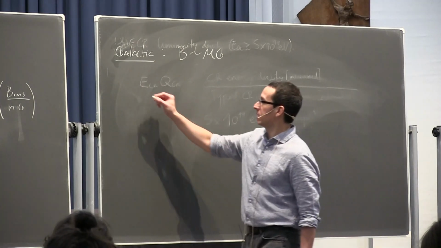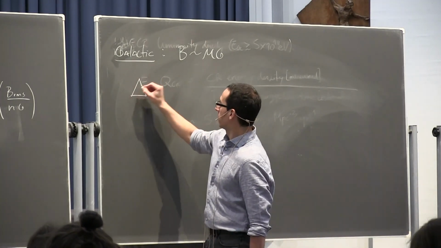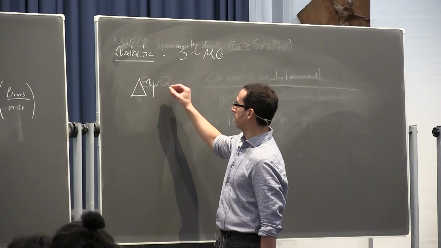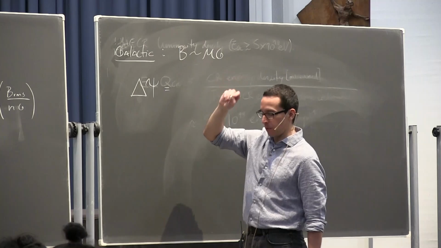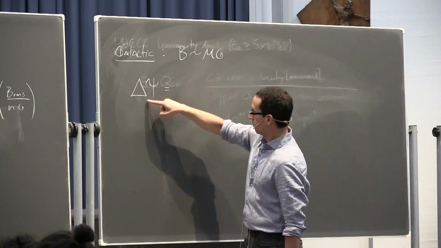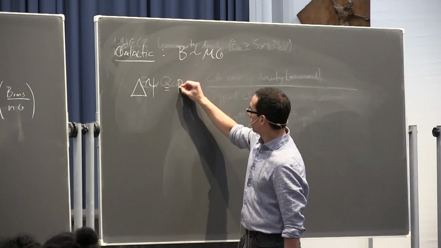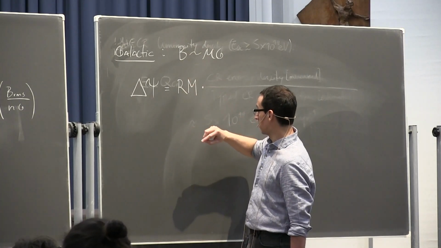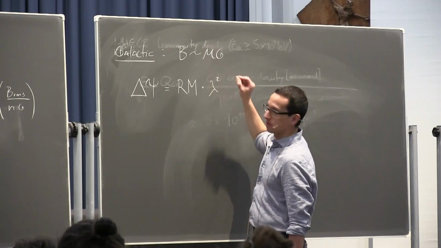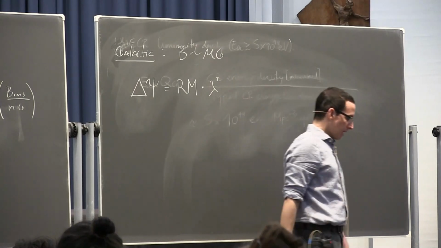And that rotation in the polarization of the light, of the wave that is going through the plasma, is equal to the rotation measure, I'll say what it is in a moment, and the wavelength squared of the wave that is going through it.